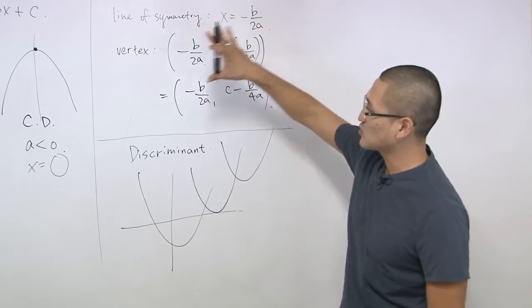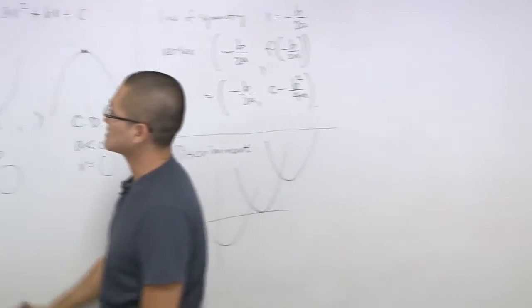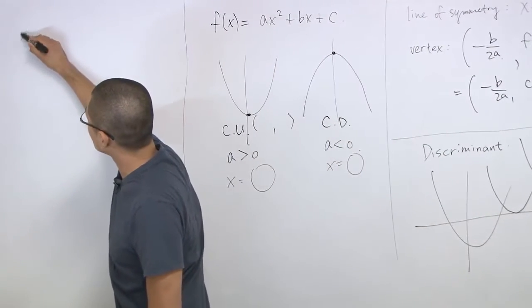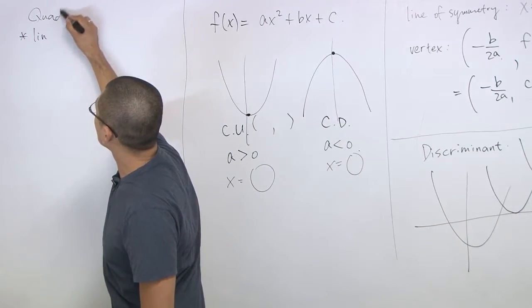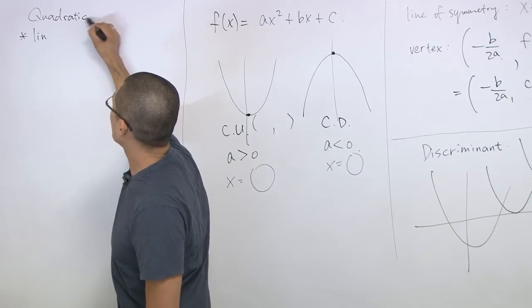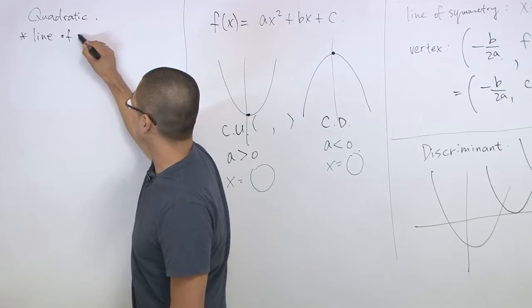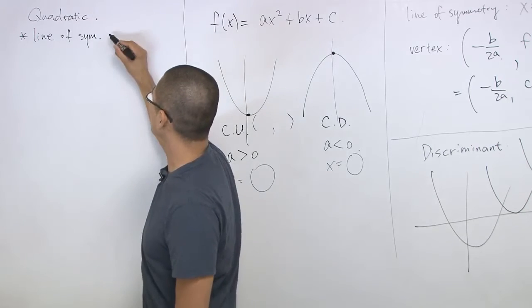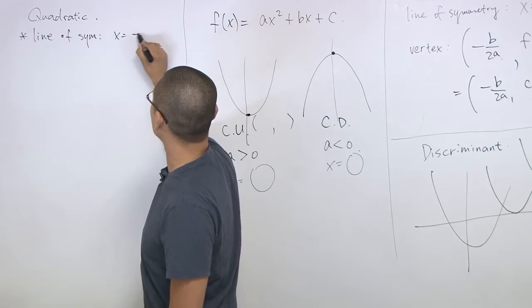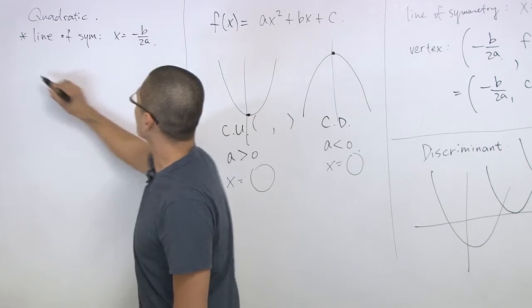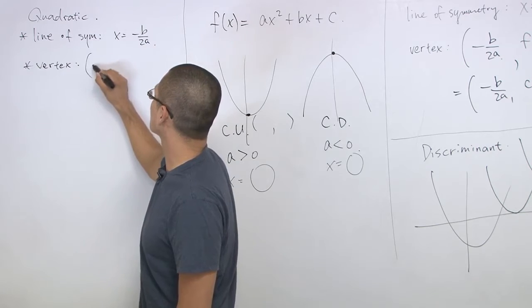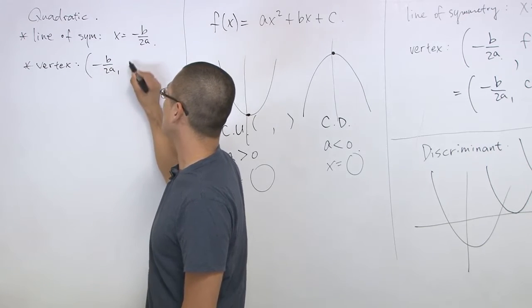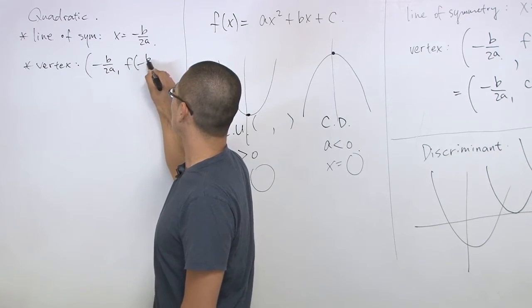But let me first make a note over there and then write these things down so that we could summarize later. So on a quadratic function, the line of symmetry is given as x equals minus b over 2a. And the vertex is given as the point with x equals minus b over 2a and f of minus b over 2a.